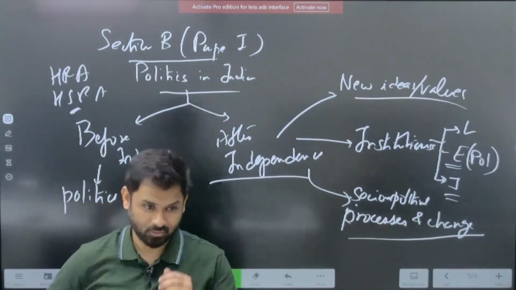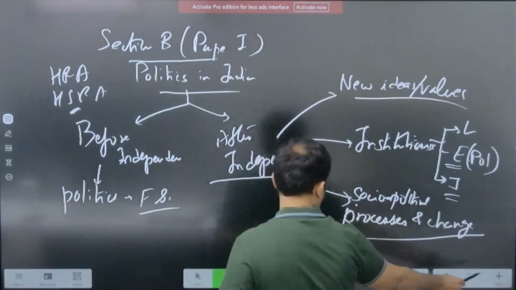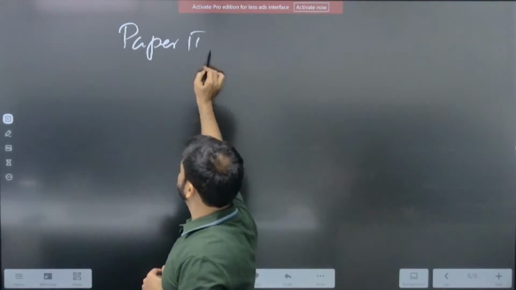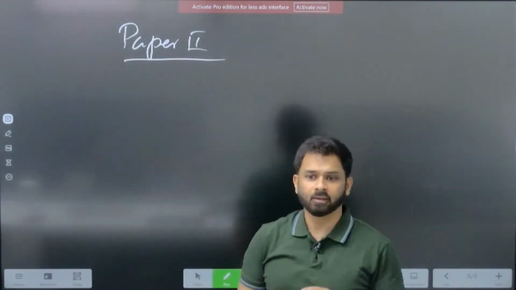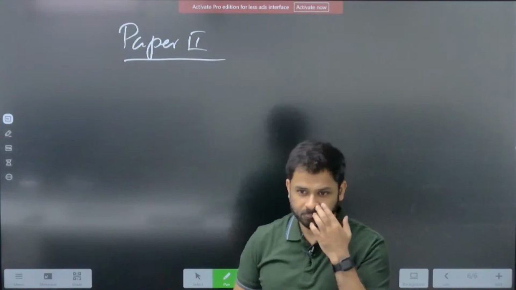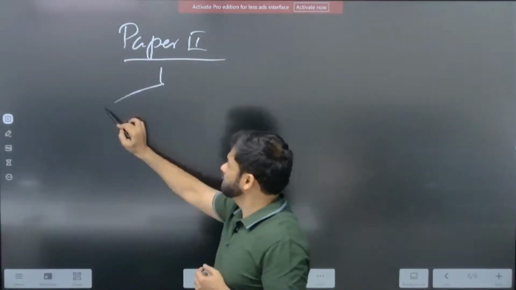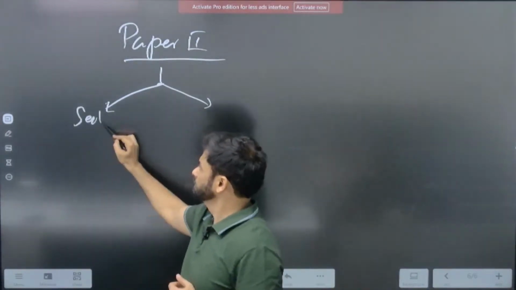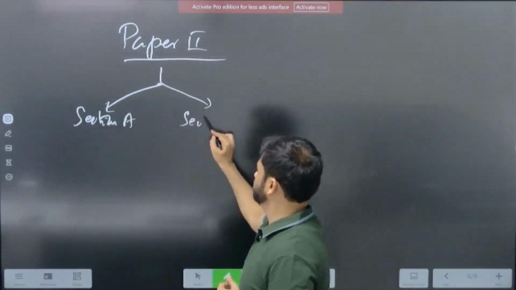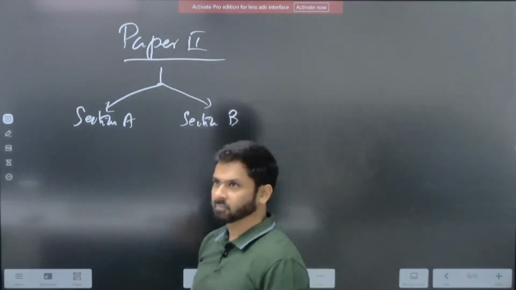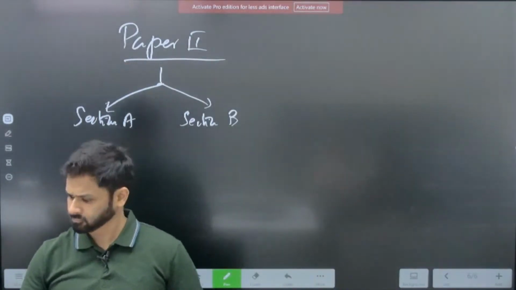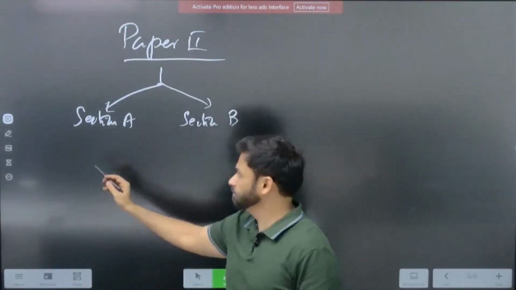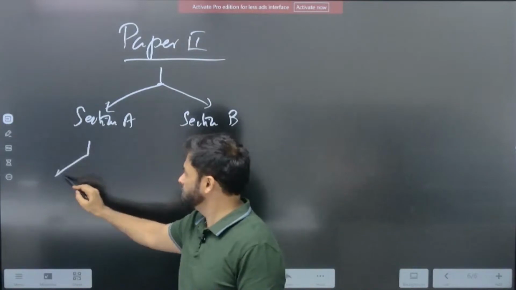Where are we moving? Very briefly, I will give you the idea of Paper 2, because now you will understand. In Paper 2, what do we have? Yes? Question? Okay. In Paper 2, we again have two components, Section A and Section B. In Section A, you have two things.